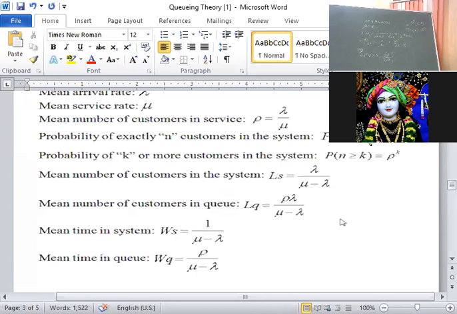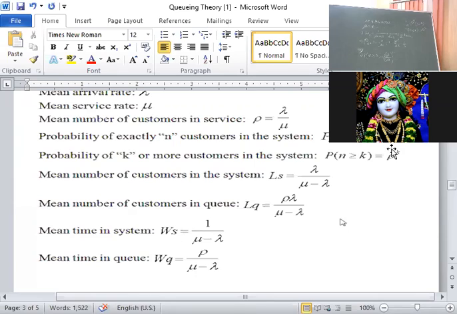That means for k or more customers in the system, they will take the service and only then will they leave. That is the meaning of these two formulas. They cannot be impatient customers. They can be patient customers. In these two cases, we consider patient customers only, who stay in the queue till being served. Clear?